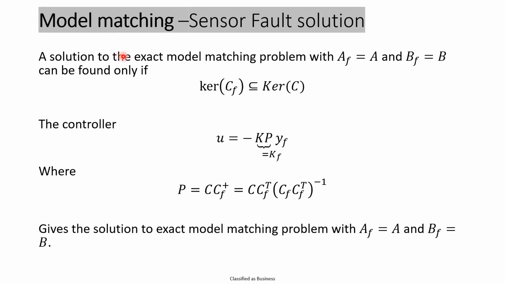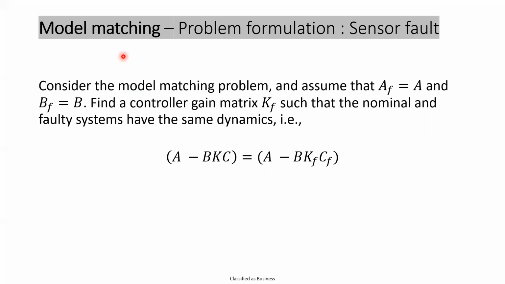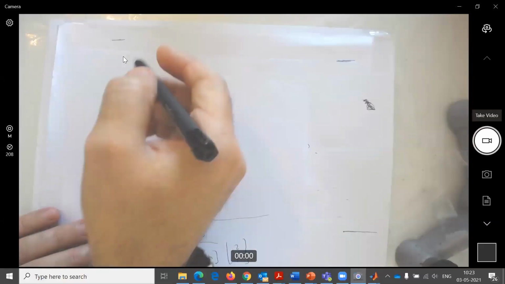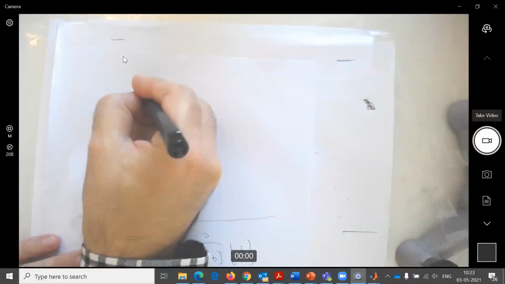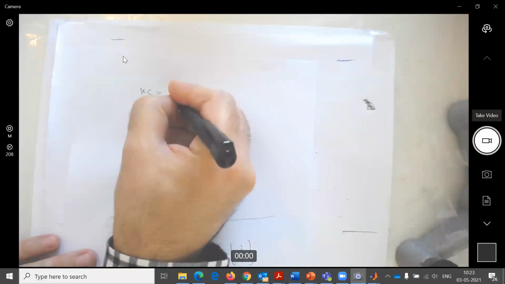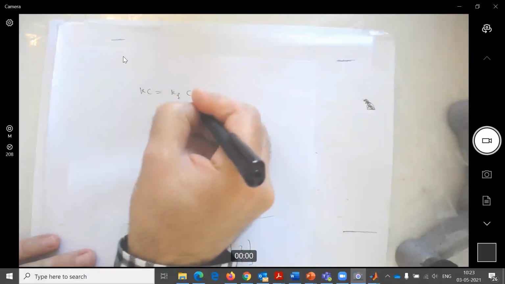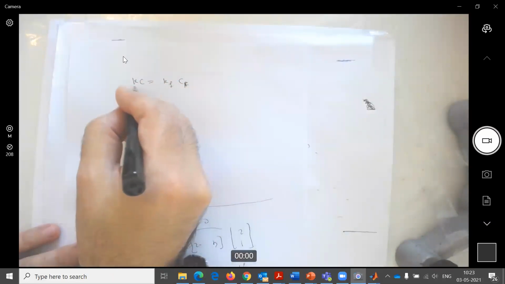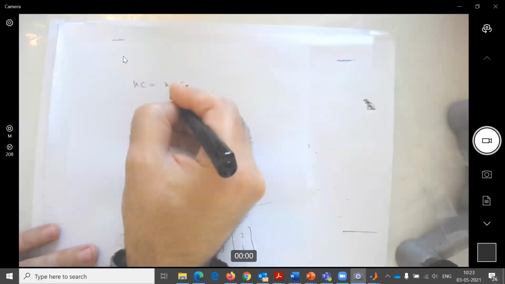So the idea here is that KC should be equal to KFCF. So what does it mean? Again, everything is known here except KF.